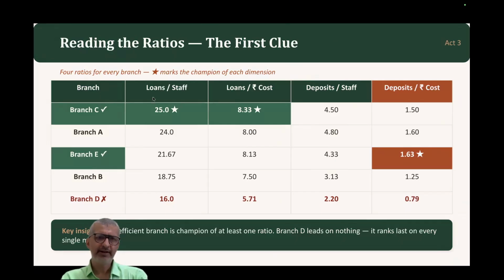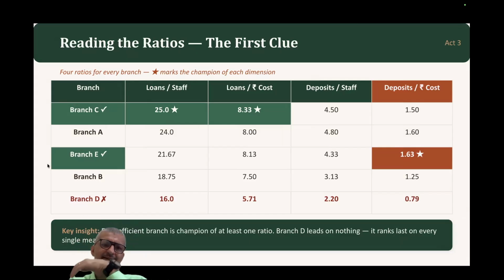So here we are finding the ratios as in loans per staff member, loans per unit of cost, deposits per unit of staff, deposits per unit of cost. So this is a simple calculation, total amount of loan divided by number of staff, we get 25, we get 8.33.